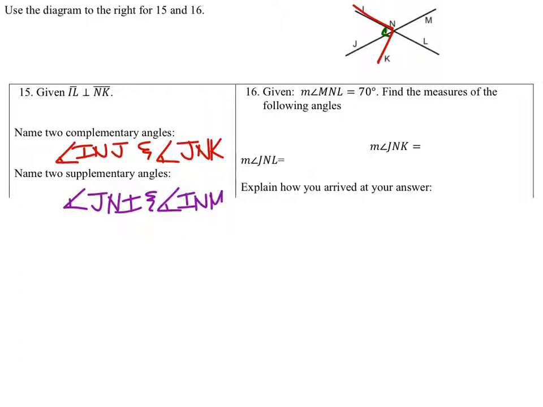Very good. Of course, we could have used something like INJ, and also this would have been supplementary with JNL. So we did two sets of supplementary angles in purple there.